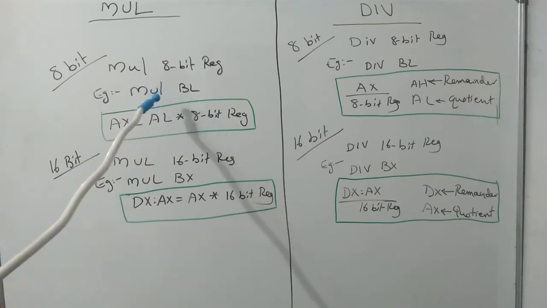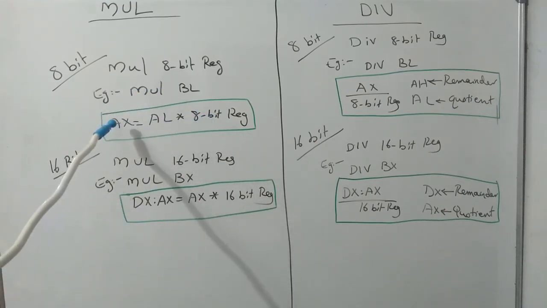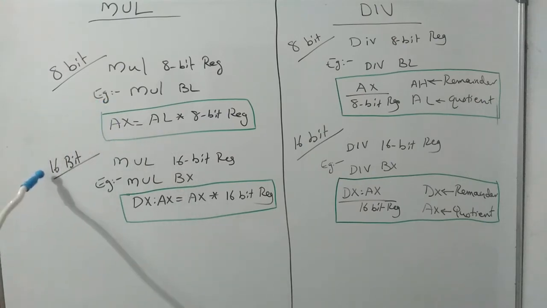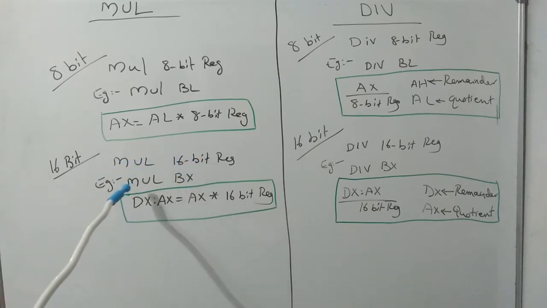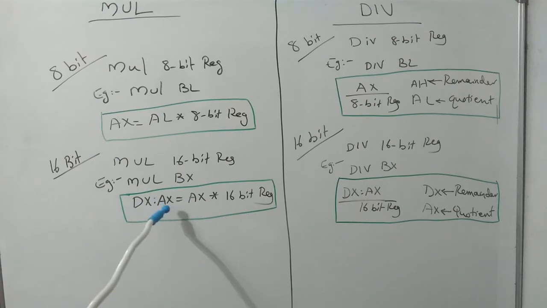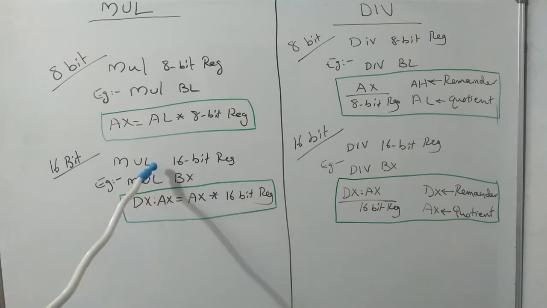So mul BL means AX equal to AL into BL. The result is stored in AX register. Then in 16-bit multiplication, an example is mul BX, that is mul a 16-bit register. The result will be a 32-bit value, so it will be stored in two 16-bit registers DX and AX, and the value will be AX into the content of the 16-bit register specified along with the instruction.